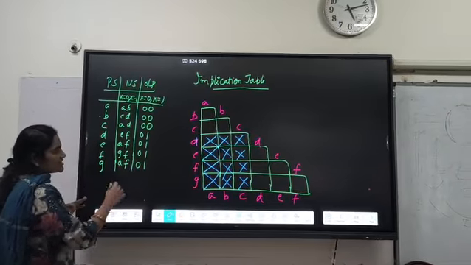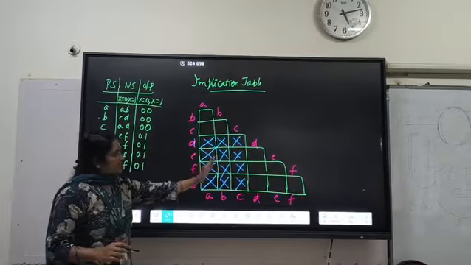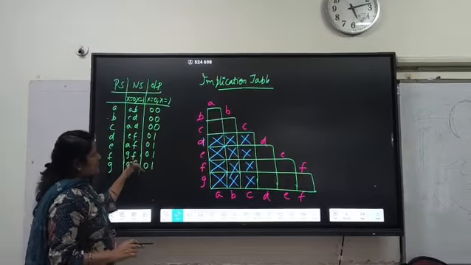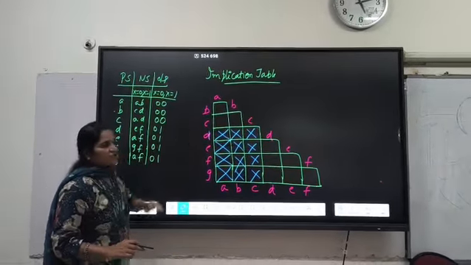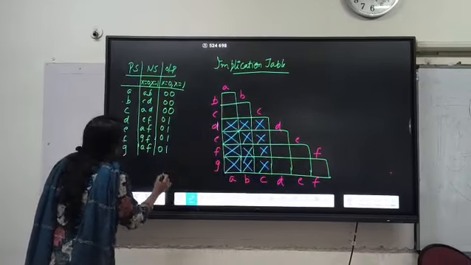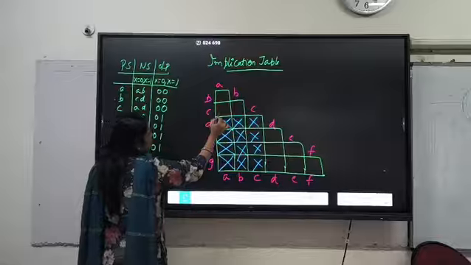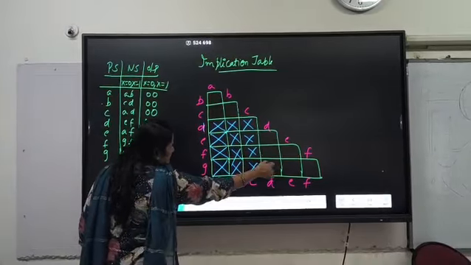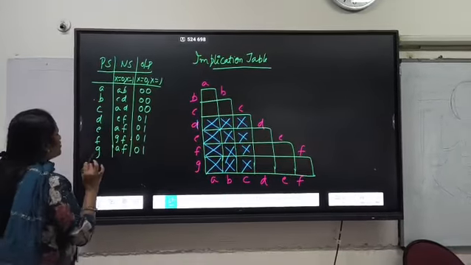The second step: you will understand why I am telling you to mark the outputs, because if the outputs do not match, you will never check the transition. We will check the transitions only for the blocks which have the same output.